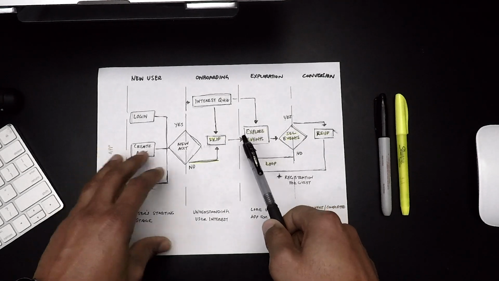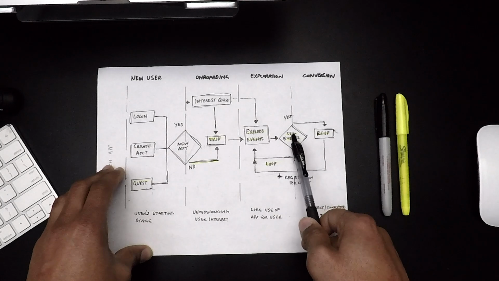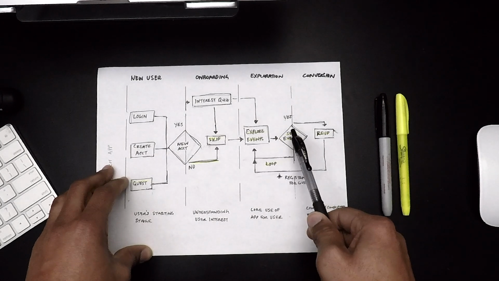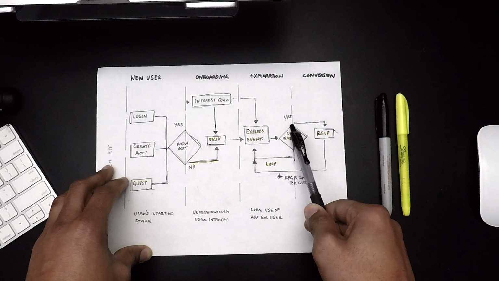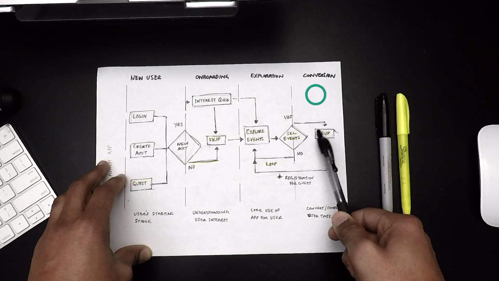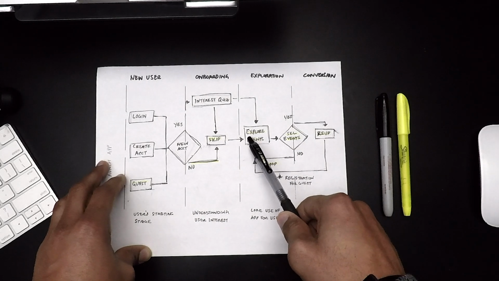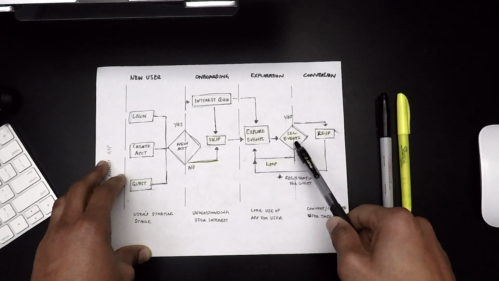Now, in this detail of exploring these events, I then either select an event or I don't. When I make the decision to select one, I can go into the conversion area to RSVP for that. If I don't, I essentially go back to the exploration of those events. So this is considered your loop.